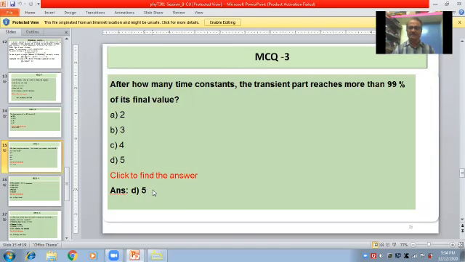We came to know that V becomes 0.99 times V naught, or Q is equal to 0.99 times Q naught. So when t is equal to 5 RC, the capacitor will charge to its maximum value. So the answer is 5.